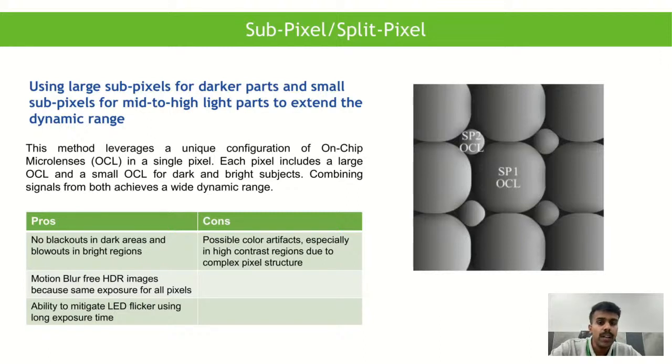How LED flicker mitigation works is by using a longer exposure or by splitting the exposure time across a longer range, so that when an LED or a digital signboard in the scene is being turned on and off due to the AC power wave, this can be averaged out by the sensor itself. So that is one of the ways to achieve high dynamic range with LED flicker mitigation using this method.